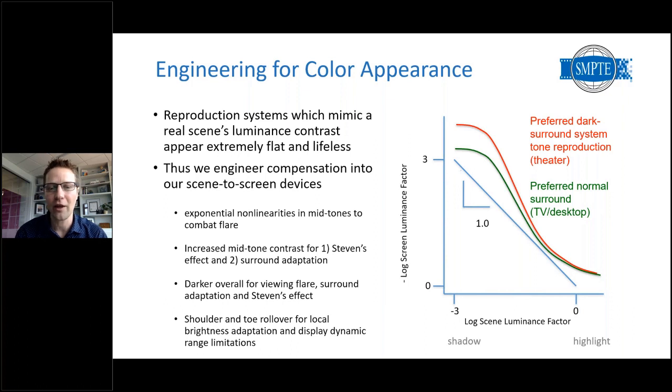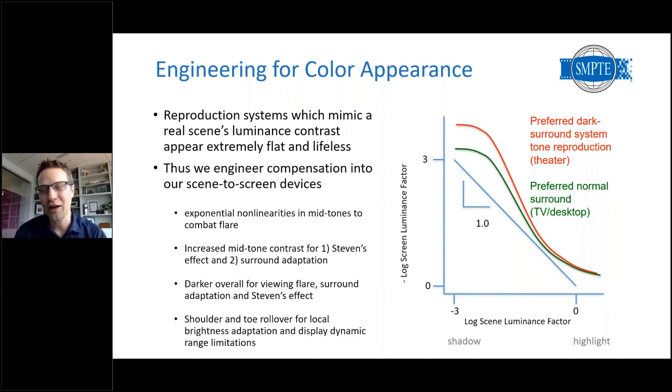But now that you know that environment influences the way we perceive images, it makes sense that the ideal imaging system scene to screen contrast or tone management behaviors are in the green and the red here. We have an increased contrast to try to defeat that low ambient and surround luminance. In a movie theater, we have a lower white point, so we also have to increase the contrast to defeat that.